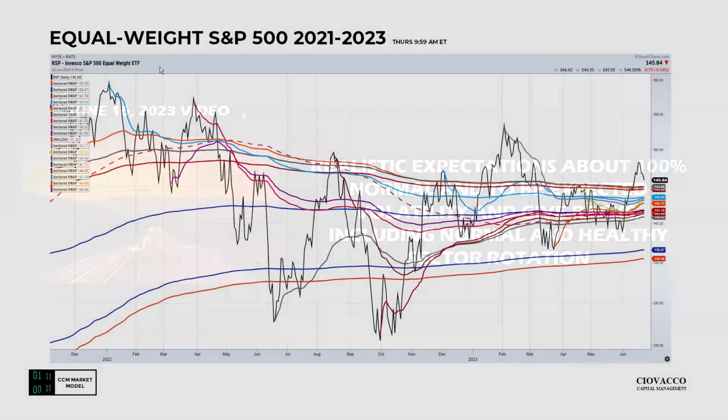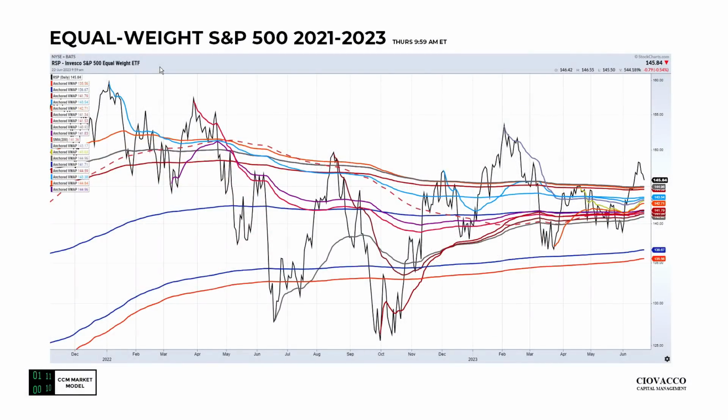In last week's video, we talked about having realistic expectations about 100% normal and to be expected volatility that's going to occur within the context of any uptrend. In recent months, RSP, the equal weight S&P 500, has been a laggard relative to the S&P 500, and yet it still looks good.